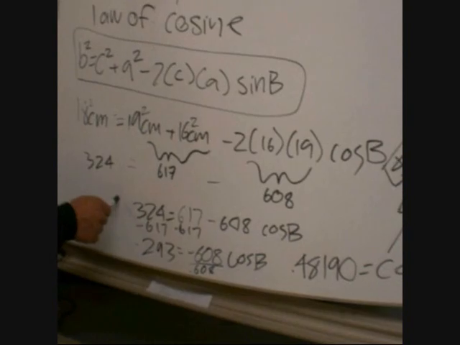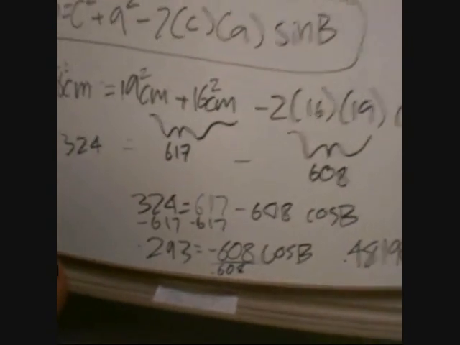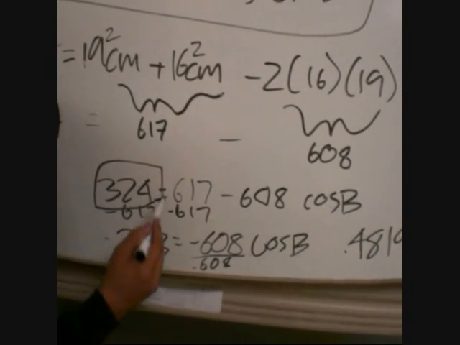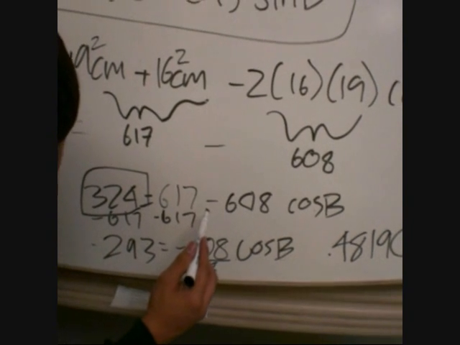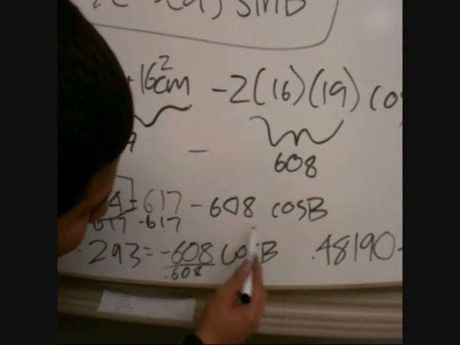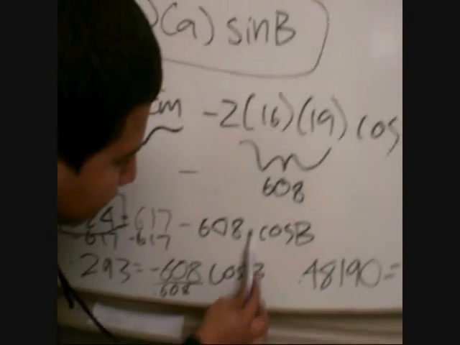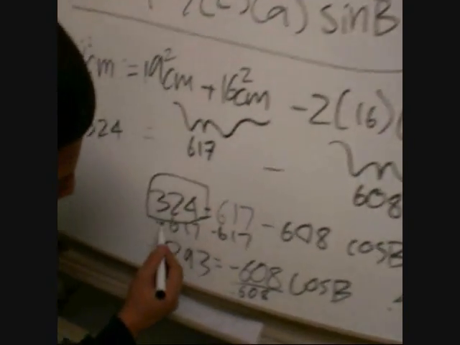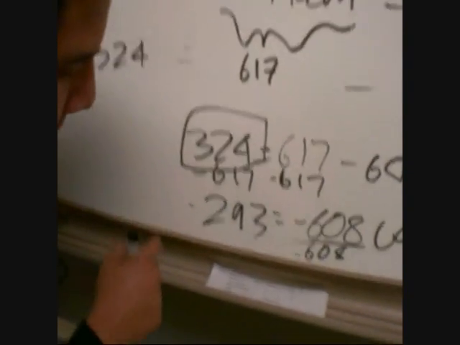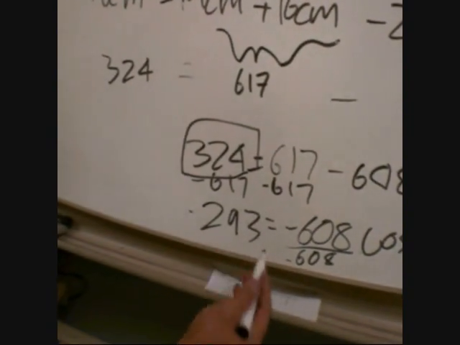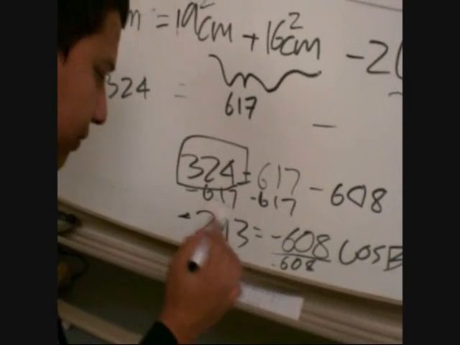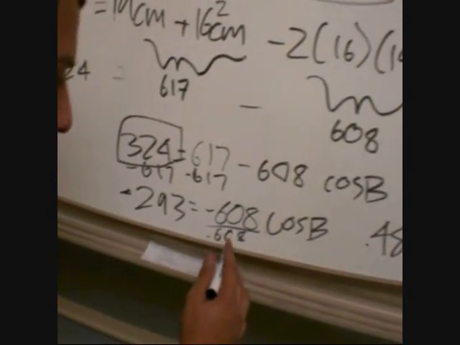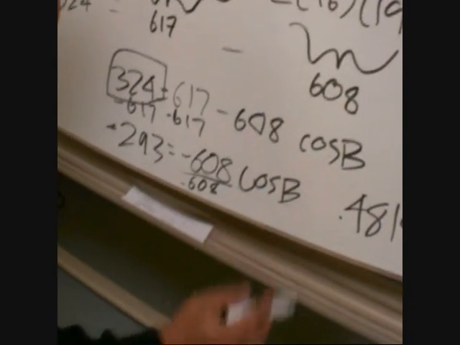So right here, we have 324 equals 617 minus 608 cosine of b. We'll just subtract 617 from 324 first, and we get negative 293, which is equal to negative 608 cosine of b.